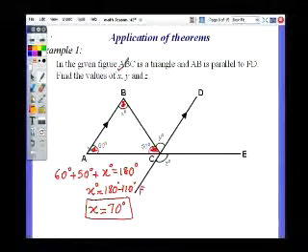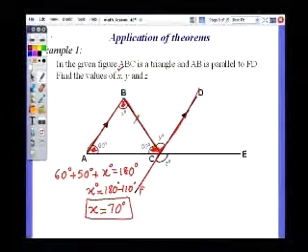Now y and z are left. Alright, as I said, parallel lines. AB and FD, look at it carefully. AB is parallel to FD, and this can be the transversal intersecting these two parallel lines.